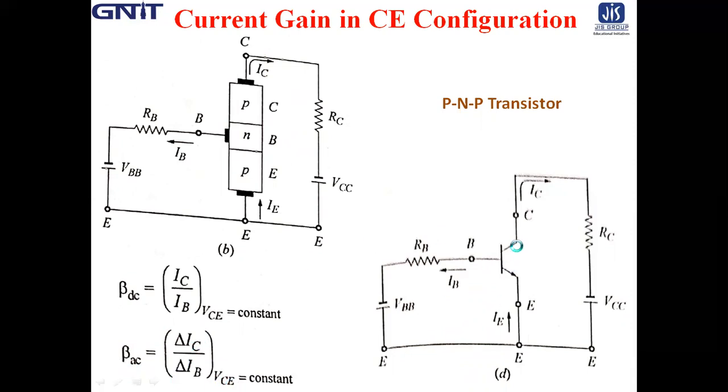And if we apply the KCL for both NPN and PNP type configuration under common emitter configuration, then we will see that again IE equal to IB plus IC. Now, is there any relation between beta and alpha? Where alpha we already know is the current gain under common base configuration.